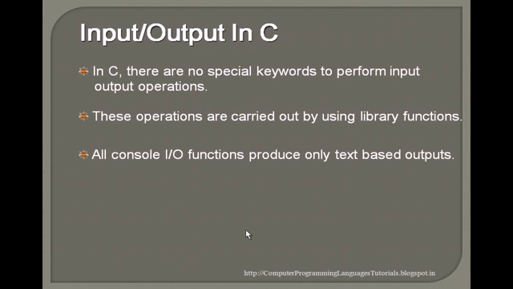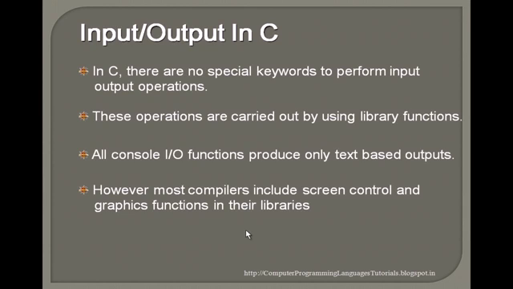All these input output functions produce only a DOS based output or text based output. You don't have a graphical user interface here. By using C graphics, you can use screen control or graphic functions. These graphics functions are able to draw simple basic 2D graphic shapes.